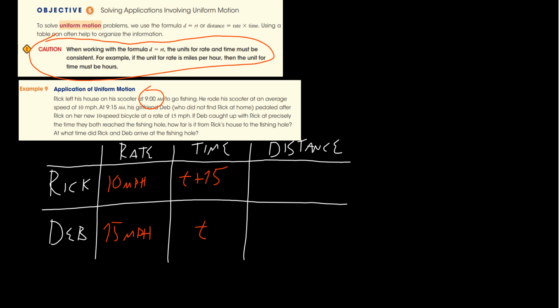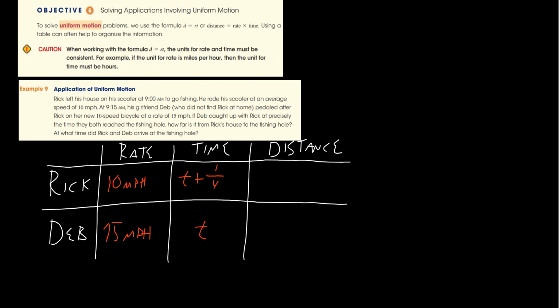If the unit for rate is miles per hour, then the unit for time must be in hours. So we're not going to put t plus 15 because 15 is minutes. If we're using 10 miles per hour, we need to put this in hours. And 15 minutes in hours is 1/4.